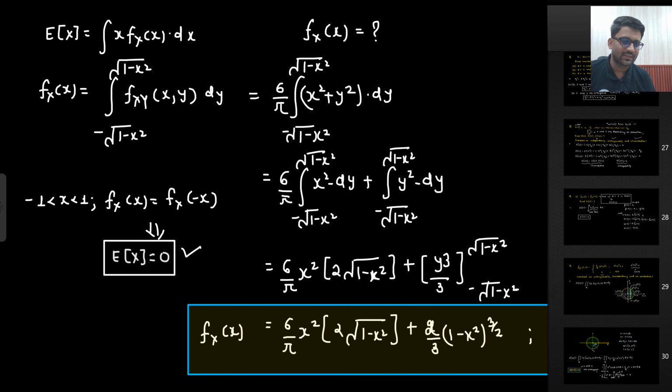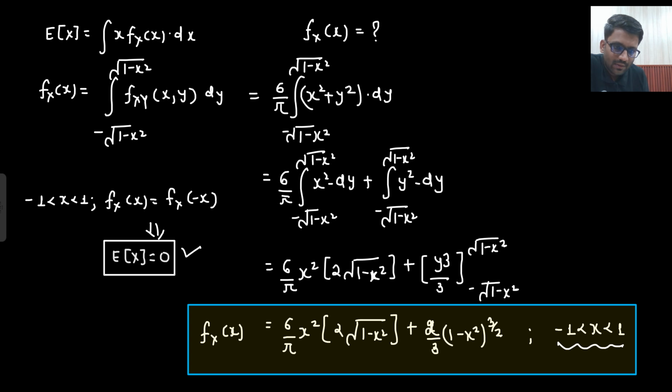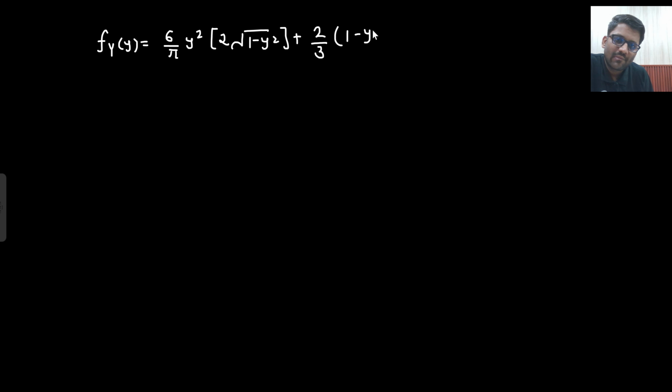Okay, so let me write down the expression of fy of y. So fy of y will have just the same expression. What will you get? 6 by pi, because everything is symmetric here, no? 6 by pi y square into 2 under root 1 minus y square plus 2 by 3, 1 minus y square to the power 3 by 2, going from minus 1 to 1.